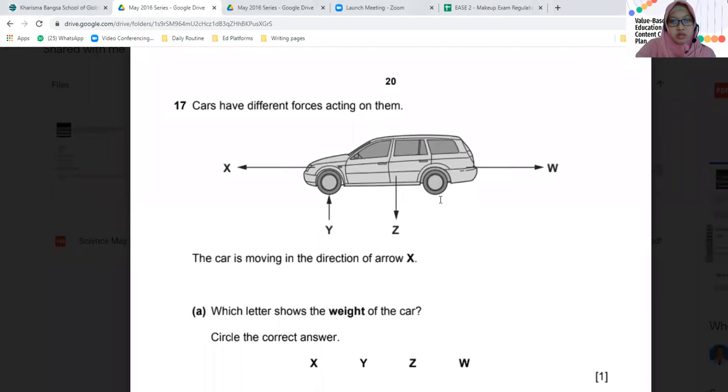So the question here is, cars have different forces acting on them. This car is moving, and there are some forces acting on the car. Let me annotate.